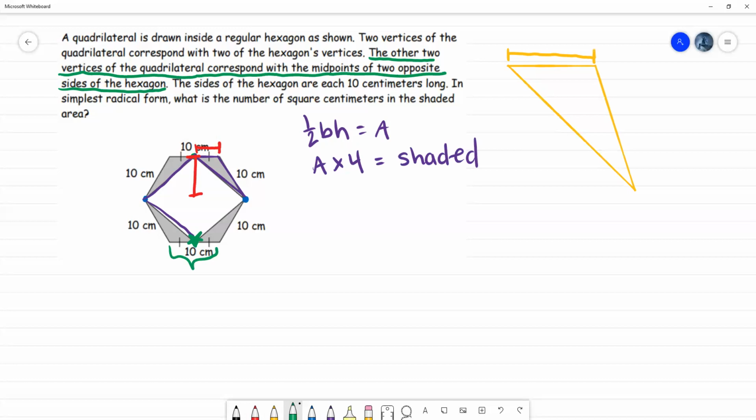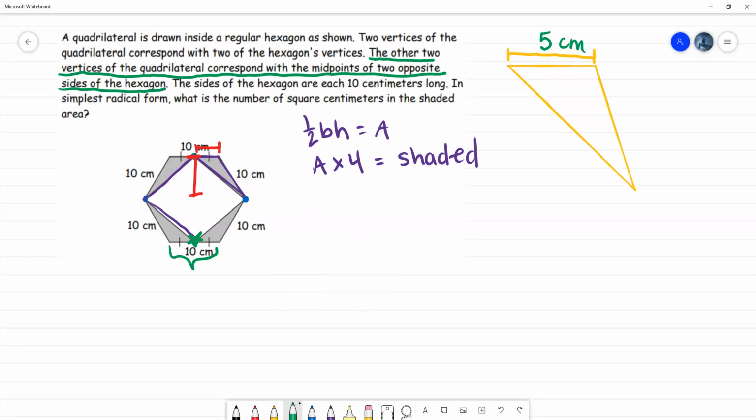And because our triangle is half of the length of this side, 10, we can just do 10 divided by 2, which gives us 5. Therefore, the side length right here, the base, is 5 centimeters.